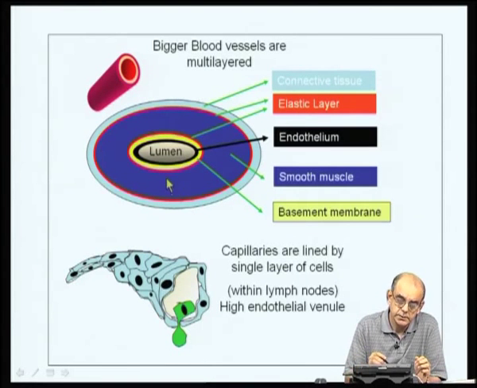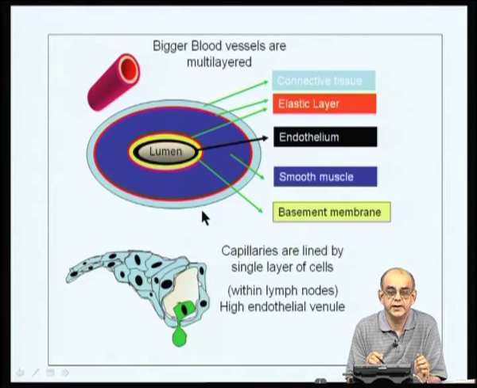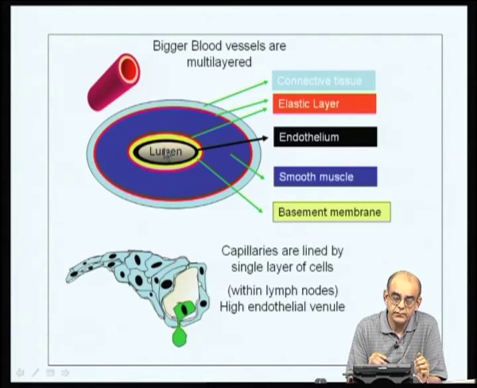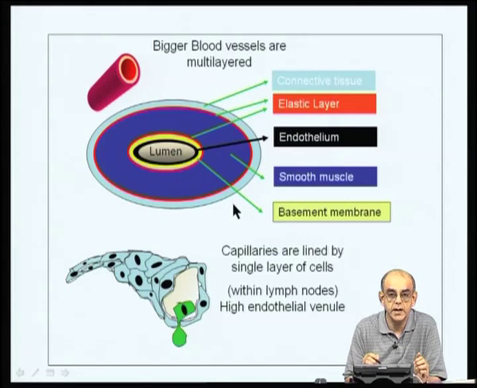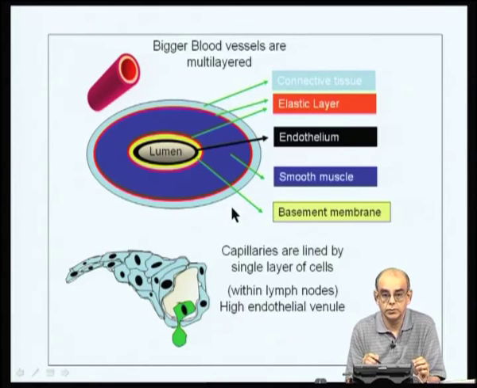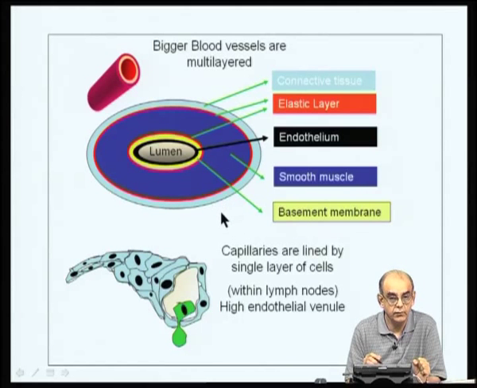Now, as you can guess, the thickness of this artery makes it very difficult for cells to move out from the lumen to the outside of the artery, but yet, as I told you in the last figure, these cells find their way specifically into the lymph node.